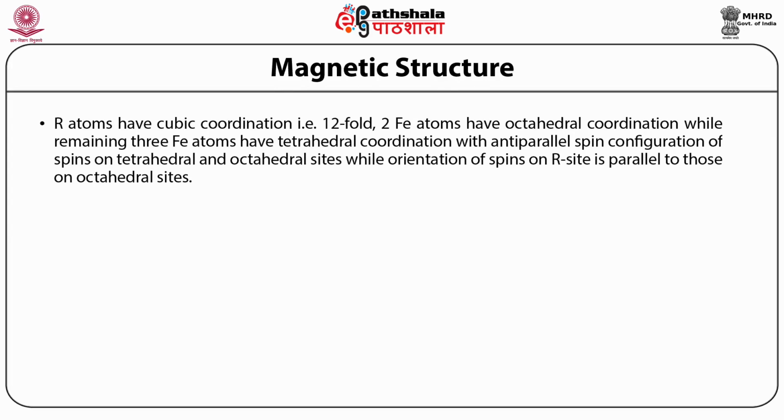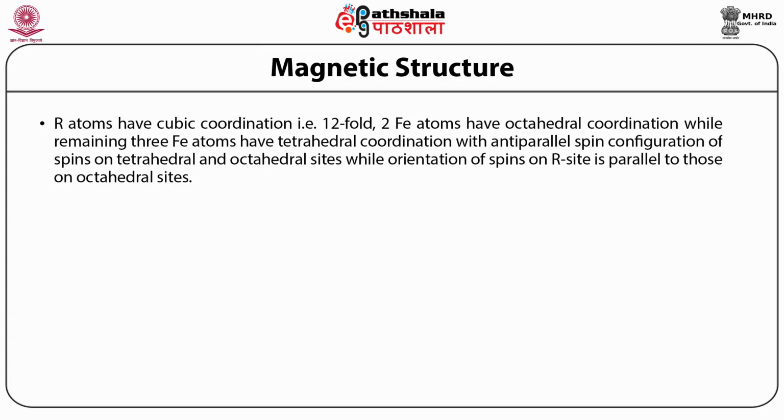Two Fe atoms have octahedral coordination, while the remaining 3 Fe atoms have tetrahedral coordination with anti-parallel spin configuration of spins on tetrahedral and octahedral sites, while the orientation of spins on our site is parallel to those on octahedral sites.